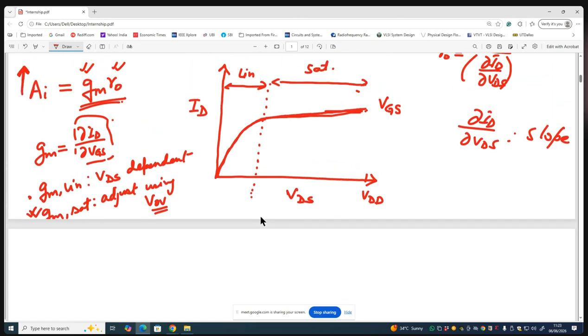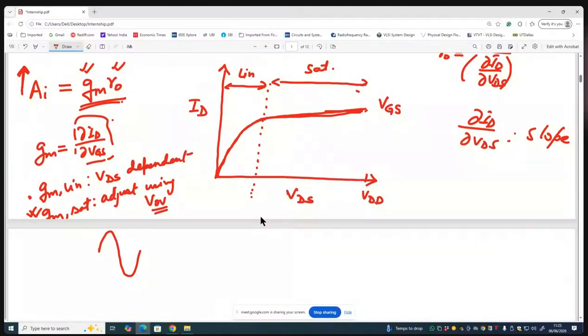So when you write gain is equal to GMRO, you are taking the output from the drain, which has a higher swing. The input will have a small swing and the output will have, of course, a much larger swing.